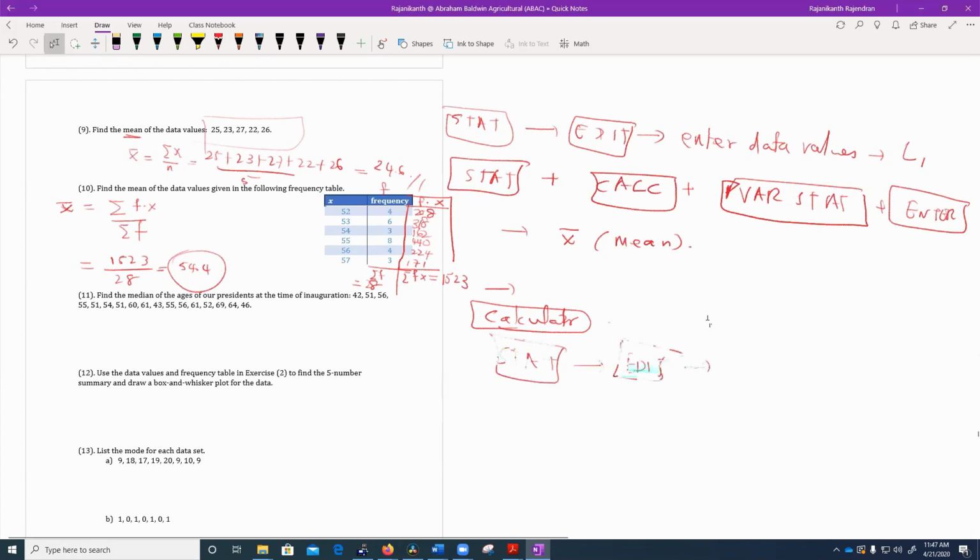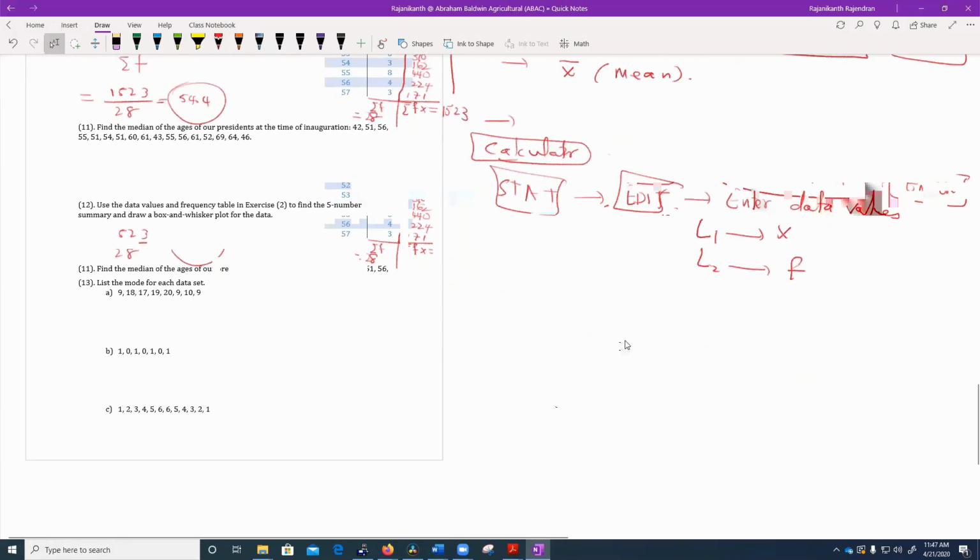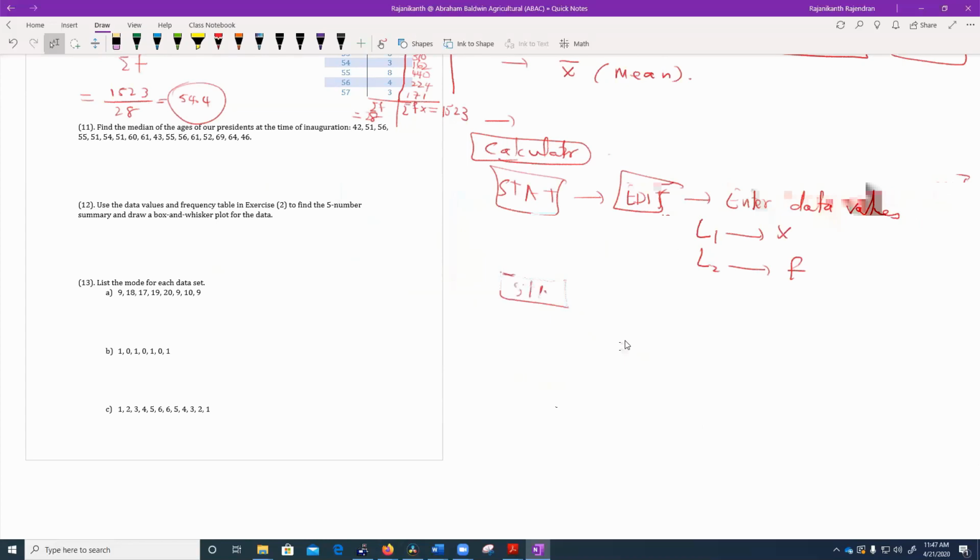Now enter your data values into two columns. My L1 column is x and my L2 column is frequency. Then again go to stat, go to calc. Since you have two columns, you have to go for the second one, 2-Var Stats, then press enter.